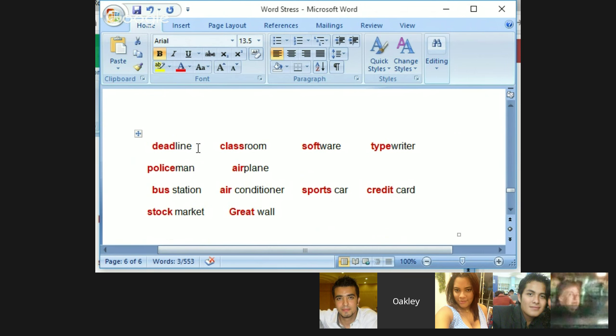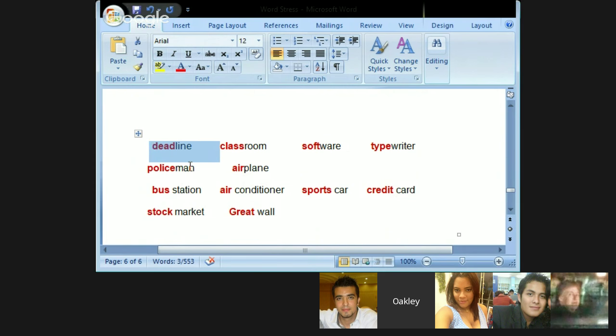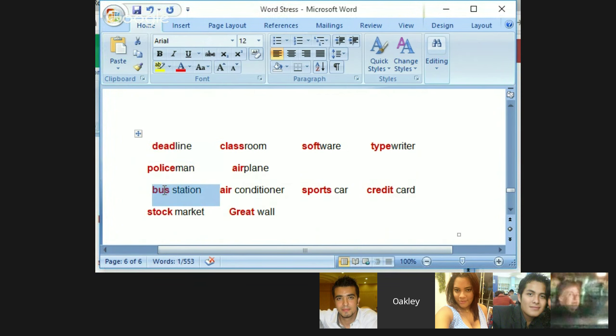This is a rule. When we combine 2 words together, 2 root words together, 2 simple words together, whether we combine them closely, like deadline, or we have 2-word compound nouns as well, like bus station, the stressed syllable in the first word will be high, primary stress.